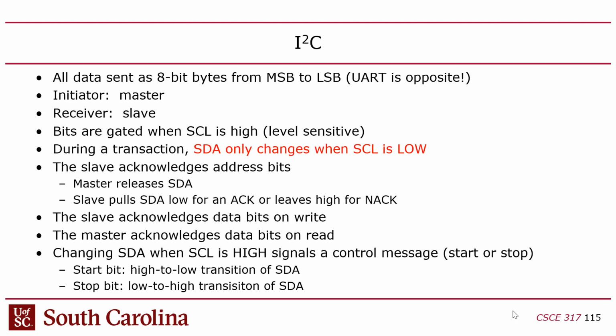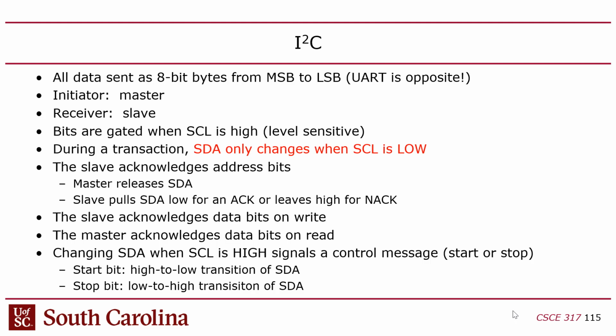Okay, so the basic idea with this is that with SPI, I emphasized in class that SPI uses the clock edge to clock bits, right? So we looked at when does the first bit come in? On the falling edge or the first falling edge of the clock or the first rising edge of the clock? That's where that CPOL and CPHA thing came in. I2C on the other hand is not edge triggered; the data is not synchronized to the edge of the clock.